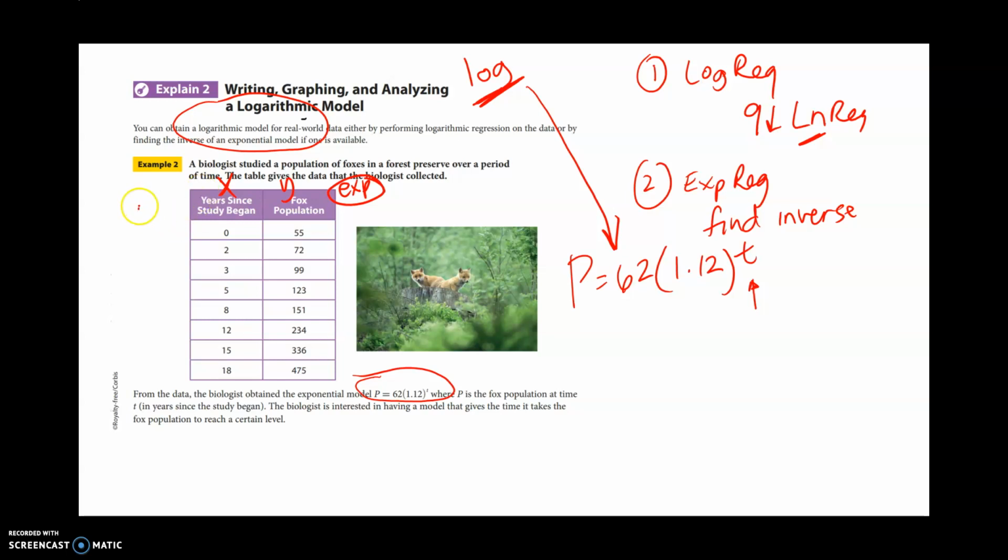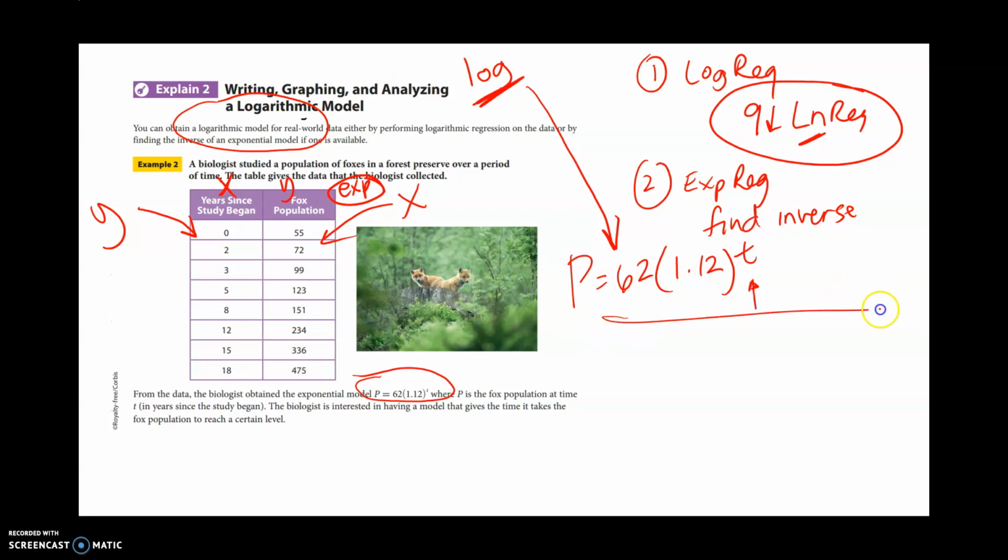So let's come here and let's call this y and let's call this x and do an exponential regression. You'll input the data in your calculator the same way you do it for any regression, and then we'll do a number 9 log regression. So the result of my log regression looks like this: ln reg y equals a plus b times the natural log of x.